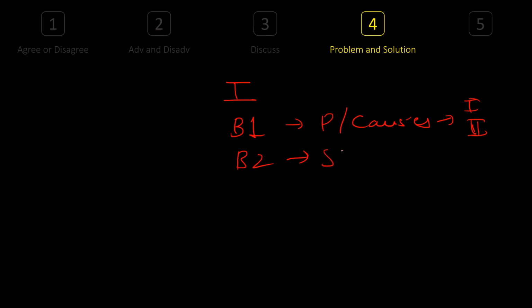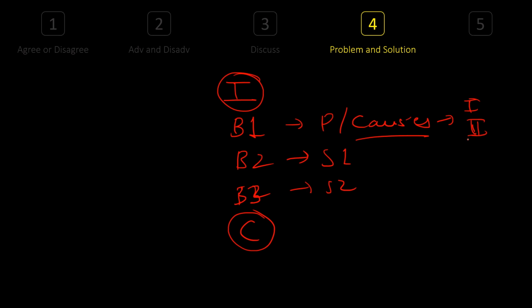So there is a solution 1 and solution 2. As many solutions as you want actually, depending on the problem you mentioned, and finally a conclusion. I'm not limiting you to 3 body paragraphs. I am just telling you the one thing: however many causes you mention in your body 1, the solutions should be based on that.